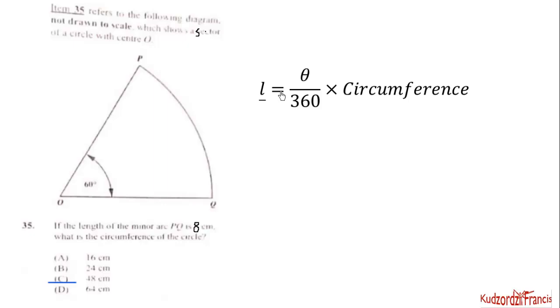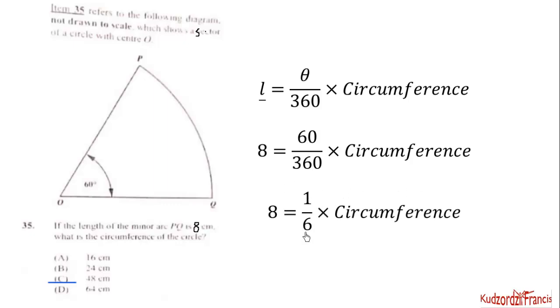We know the length of the arc to be 8. Then the central angle is 60. Let's simplify to get 1 over 6. Multiply both sides by 6. 6 times 8 is 48. So the correct answer is C.